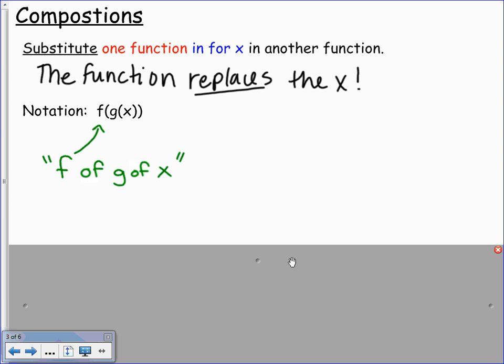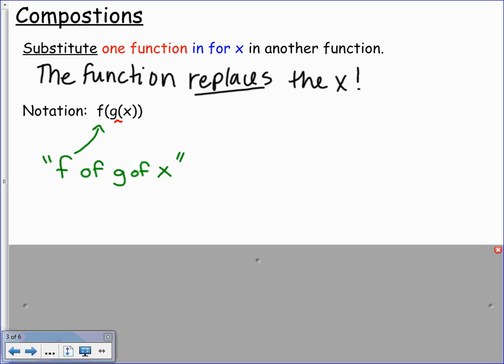Okay. F of g of x. Now, what does that mean? That means we're going to actually take the g function, whatever that is. So, like, you have a function called g of x, right? G of x equals x. Who cares? You're going to plug that into the x in f.